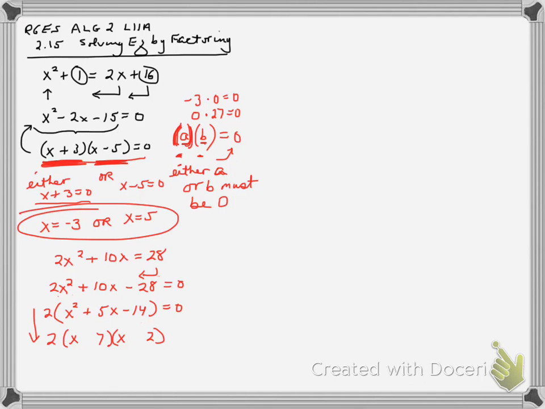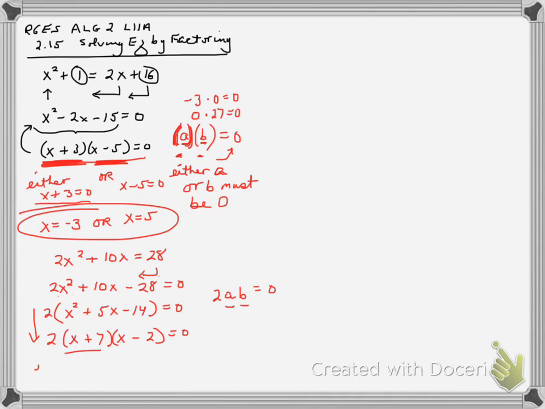Or we want a positive 7 and a negative 2. Check back just the FOIL part, and you'll get x squared minus 2x plus 7x. That would give me plus 5x. 7 times a negative 2 would be negative 14, and that works fine. Now, the constant doesn't matter. If I had 2ab equals 0, either the a or the b had to be 0.